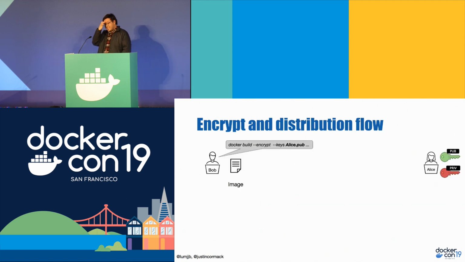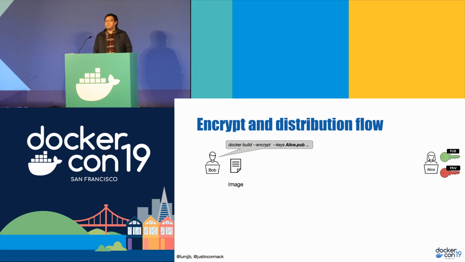All right, so with that out of the way, let's talk about what the actual encryption is going to be doing. Before we go into exactly what the changes are within the container specifications in the OCI images, let's take a look at the general flow. As developers, what would it look like when we use this technology? With any crypto scenario we have our two favorite people, Bob and Alice.